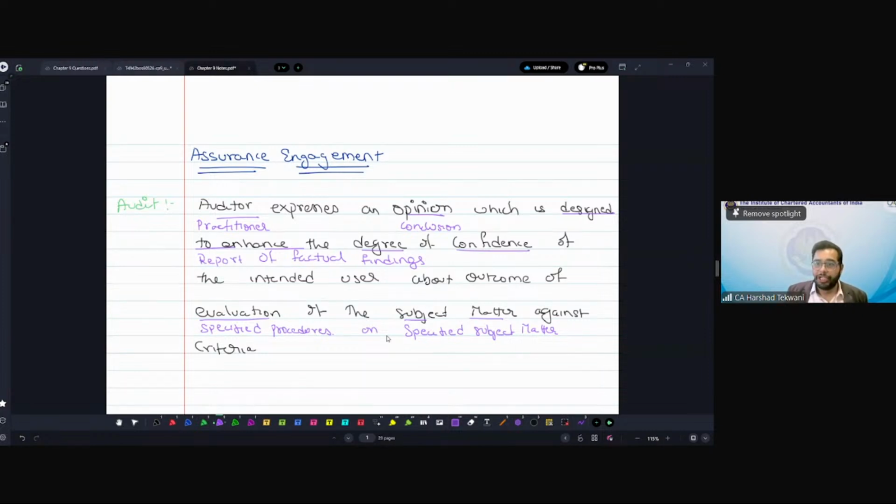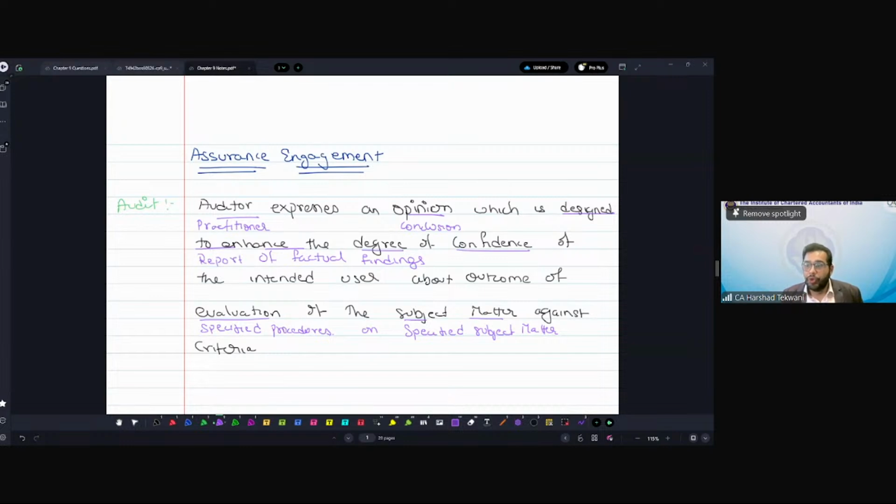When you perform procedures, your target is not to issue any assurance, but to perform procedures and to report whatever actual it is. That will fall under the purview of related services, and that is precisely known as agreed upon procedures.